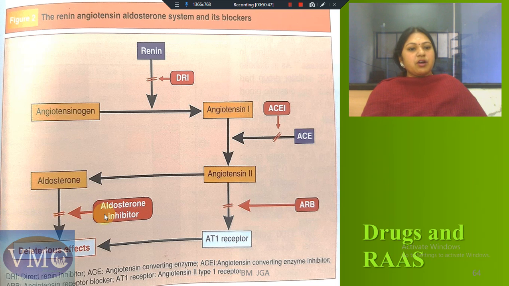We can also use an aldosterone inhibitor like spironolactone, which blocks the action of aldosterone and decreases sodium and water reabsorption, so that the BP cannot be raised more, and it puts the BP back under control. So these are antihypertensive drugs and their connection with your RAAS.